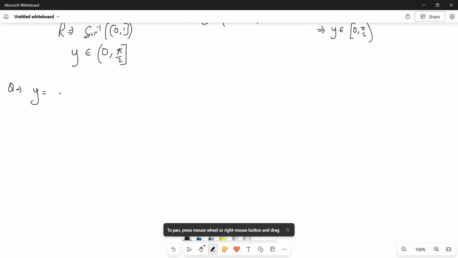Okay, next, find the domain and range. Cot inverse of signum x.